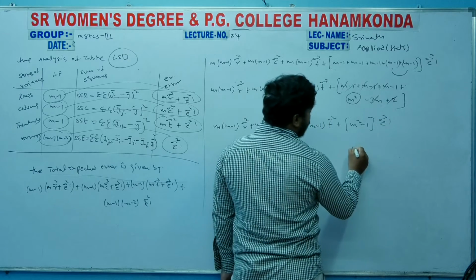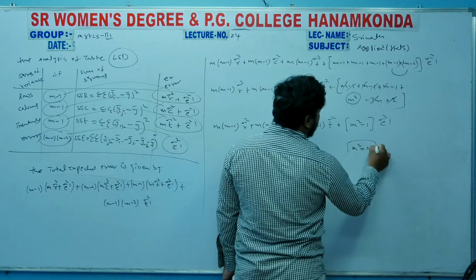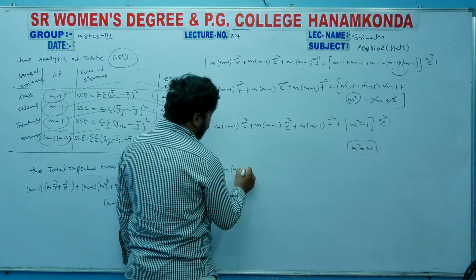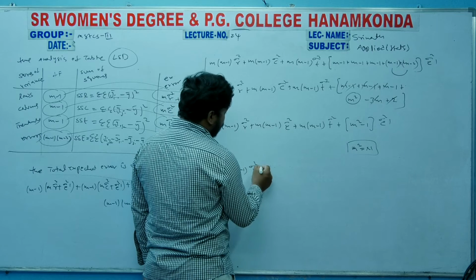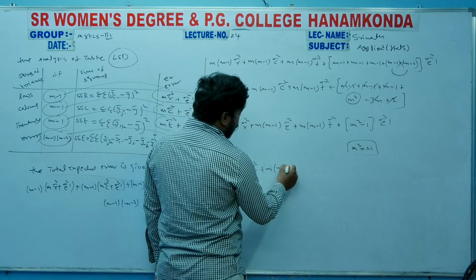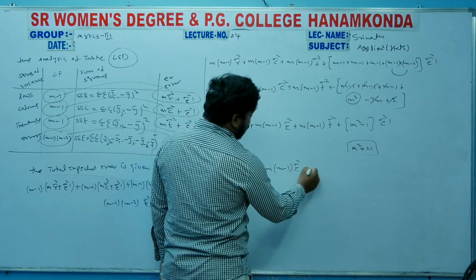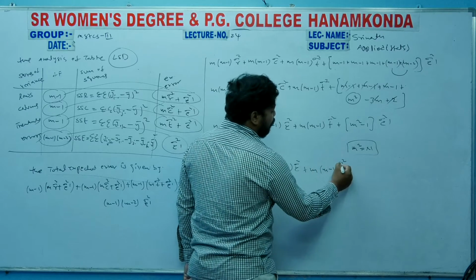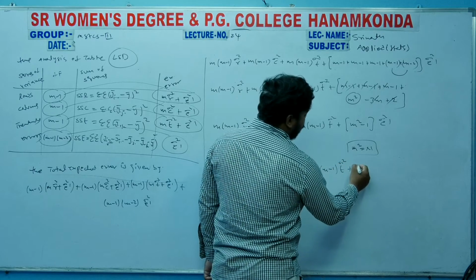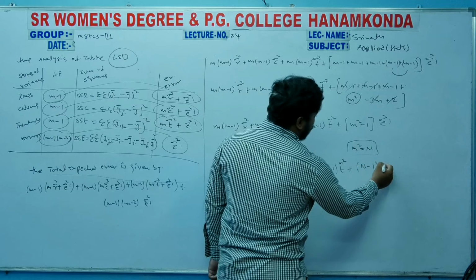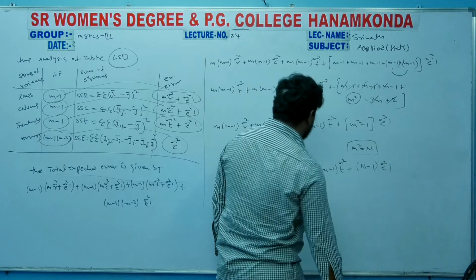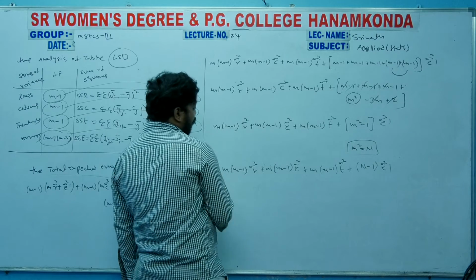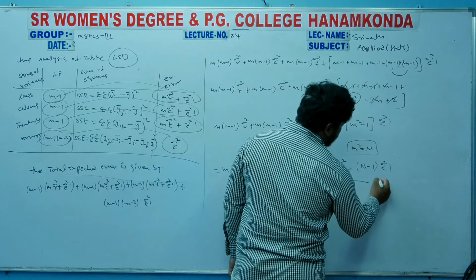You can write m square is equal to capital N. So finally m into m minus 1 into variance of r plus m into m minus 1 into variance of c plus m into m minus 1 into variance of t plus N minus 1 variance of e dash. This is the total expected error, equation 3.